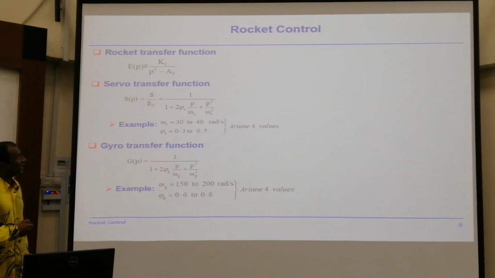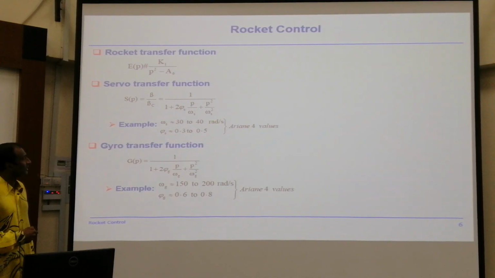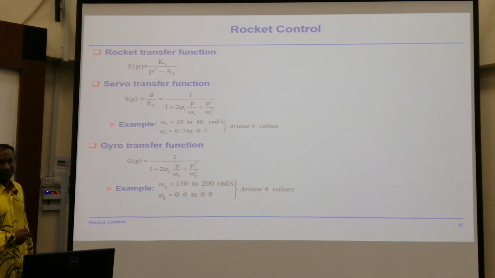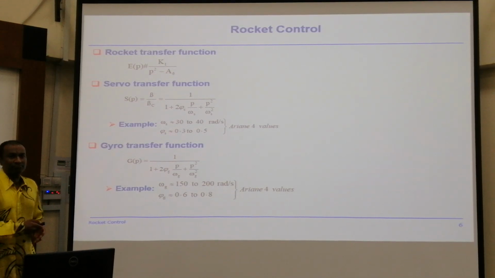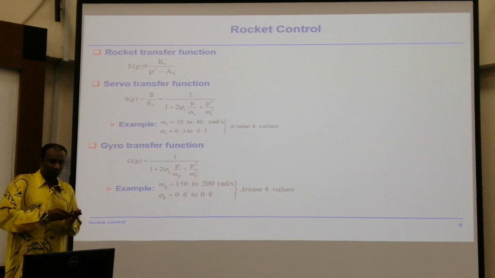So this is the servo. What I want to know here is the frequency. The frequency is important, and also what my zeta is. For example, for Ariane 4, the values are given. The zeta is basically 0.3 to 0.5. That means the servo is going to do this.